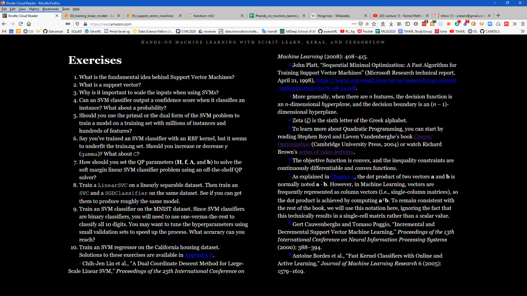Okay, what about this one? Say you've trained an SVM classifier with an RBF kernel, but it seems to underfit the training set. Should you increase or decrease gamma? Remember that gamma controls the width of the Gaussian in an inverse way.